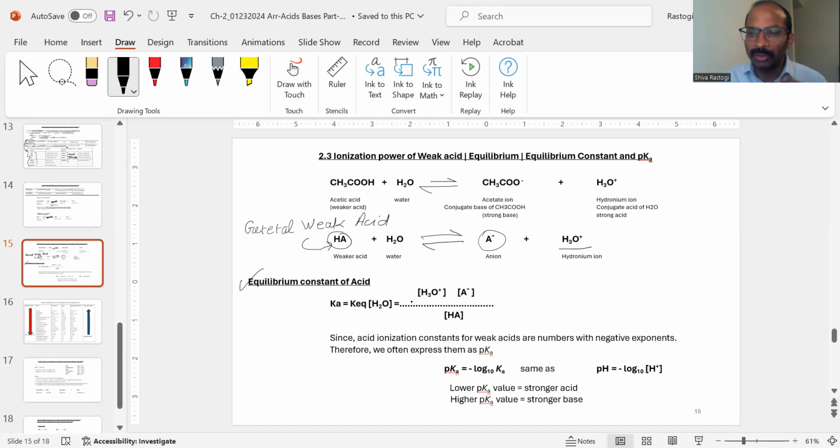So we can write an equilibrium equation for this reaction, with the equilibrium constant Ka.